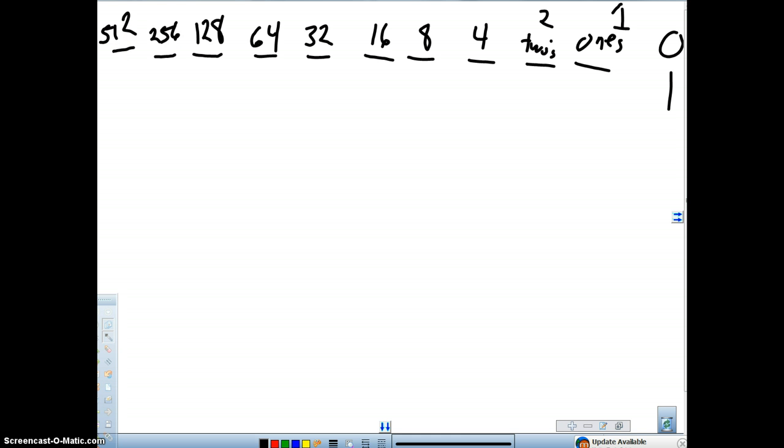So what's the pattern that's happening from here to here? It doubles every column. So when you're doing binary numbers, if you have a scratch sheet of paper, if you just go ahead and make your columns and start doubling them, this is going to help, and I'll show you why in just a second.